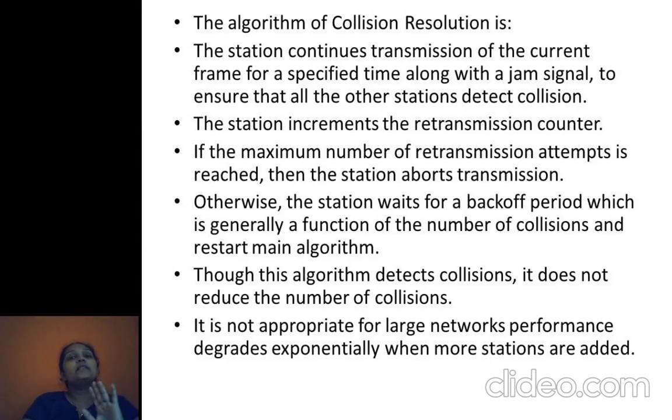The station increments the transmission counter to check whether the maximum number of retransmission attempts is reached, or else it aborts. If the counter has not reached the maximum, the backoff time period runs and retransmission of data is started.